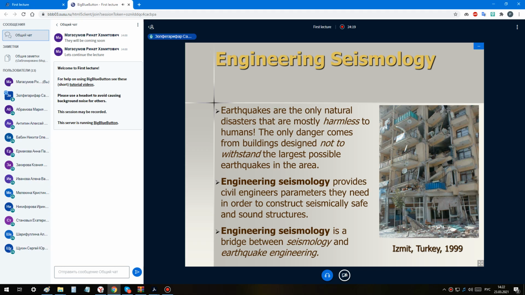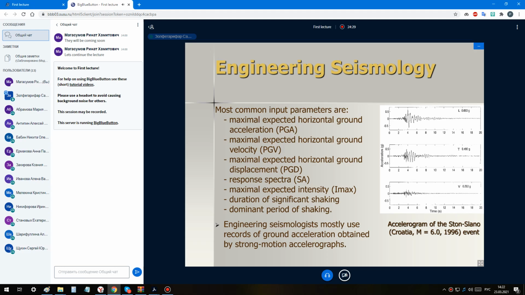The most common parameters input for engineers are the maximum expected horizontal ground acceleration, shown with PGA.